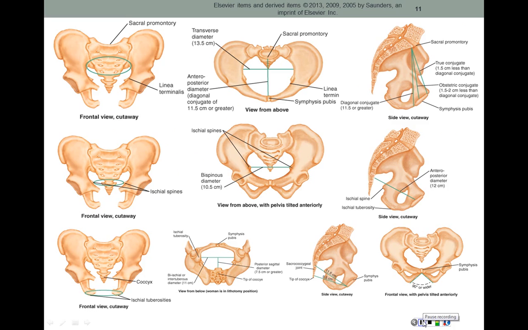Alright, this is an illustration from your book. It is on page 322, and it just shows you the different areas of the pelvis and locations and places where changes are occurring during birth.